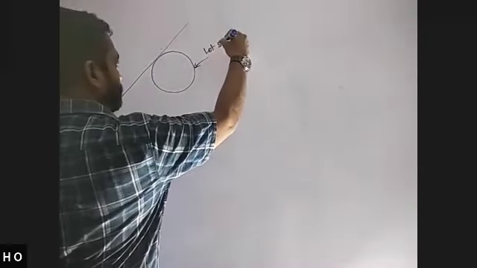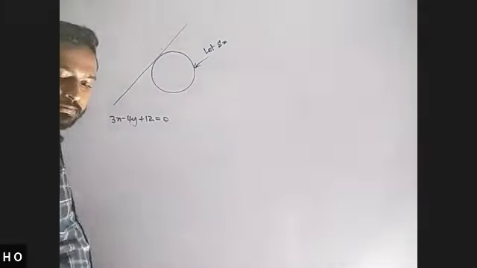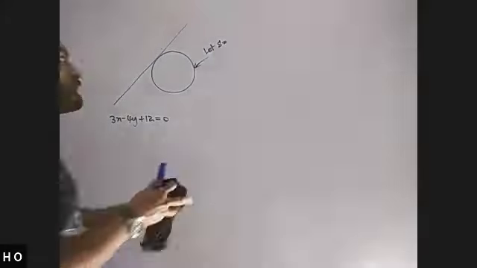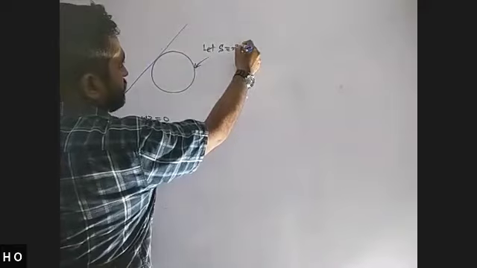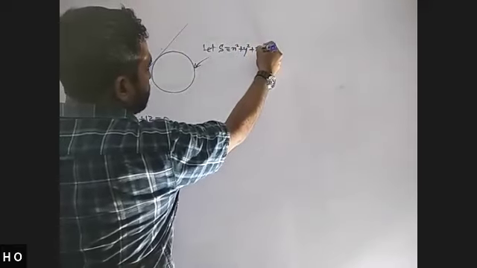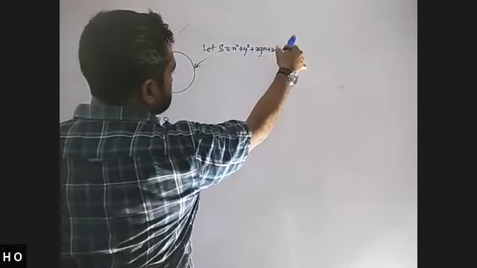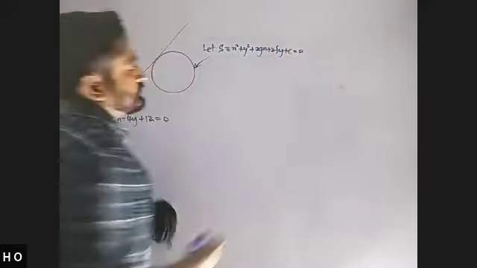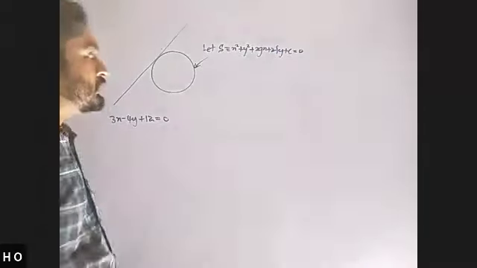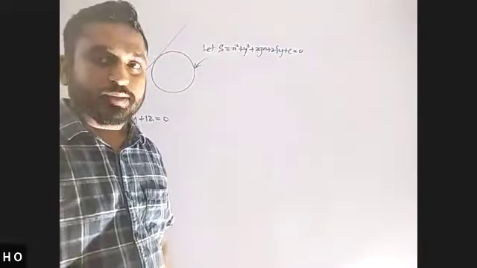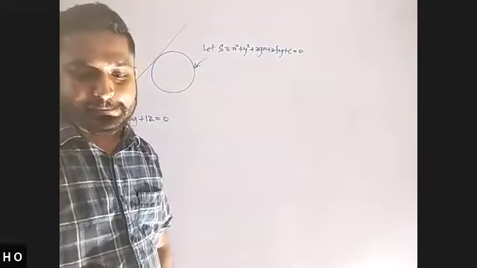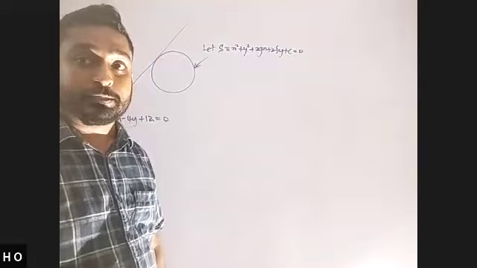Let the circle be in the general form: x squared plus y squared plus 2gx plus 2fy plus c equals 0. At the same time, let us think about the other two data as well.